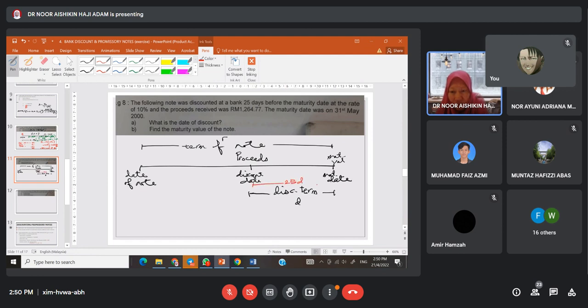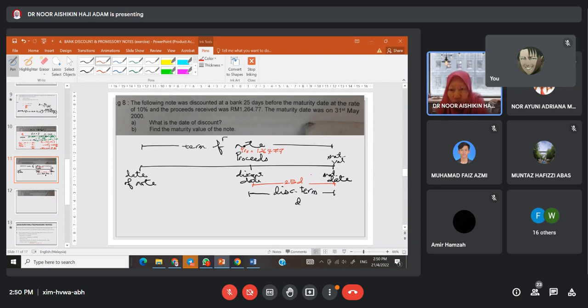So that will be the discount term. And the proceeds received, ni duit yang dia dapat after ditolak bank discount. So PRO equals to 1264.77.